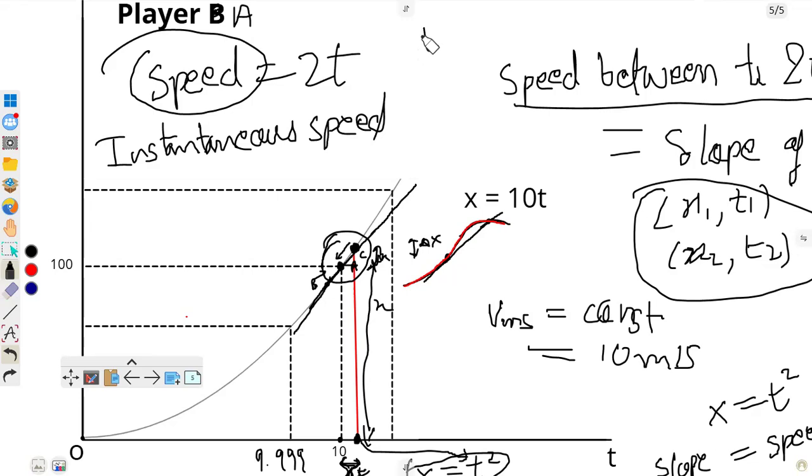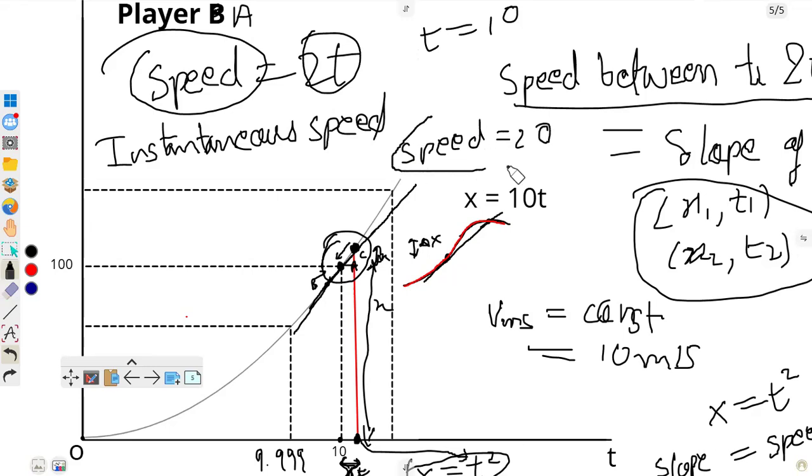At t is equal to 10 speed क्या आएगी? Put t is equal to 10 and you get speed क्या आ जाती है? 20। So instantaneous speed is exactly equal to 20. ये 20 से कम भी नहीं है, 20 से ज्यादा भी नहीं है, it's exactly equal to 20.